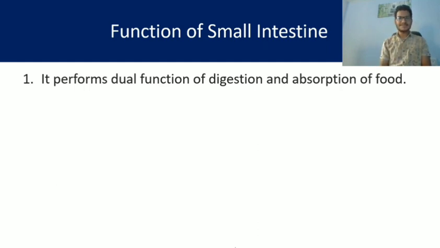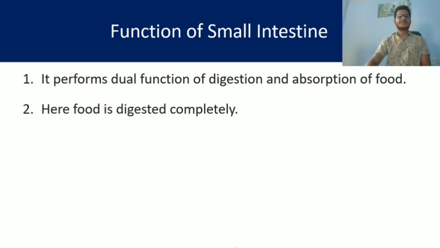Succus entericus is secreted, pancreatic juice comes from the pancreas, and the liver gives bile, which is not helpful in digestion directly, but it breaks the complex fat molecules into a simple form so they can be digested easily. So the small intestine has two functions. One is digestion, and at the end, the digested food gets absorbed into the bloodstream. So digestion and absorption are both functions of the small intestine.